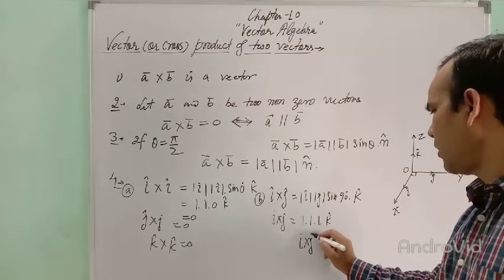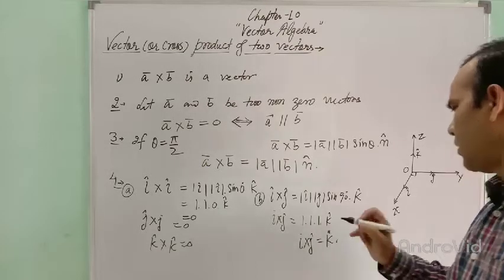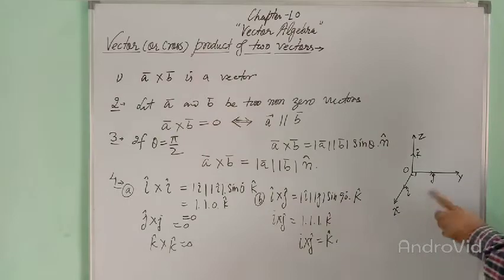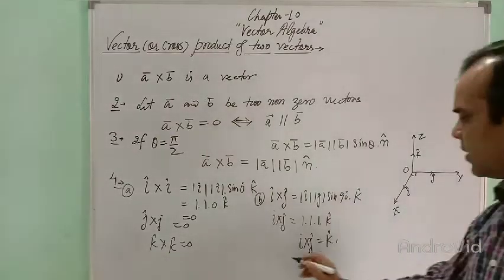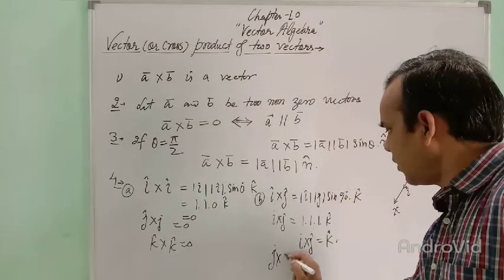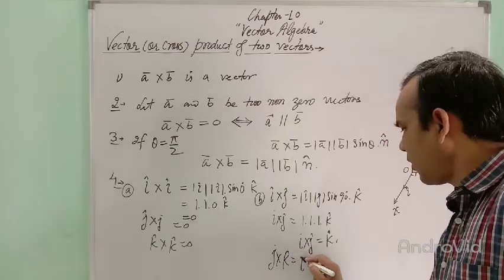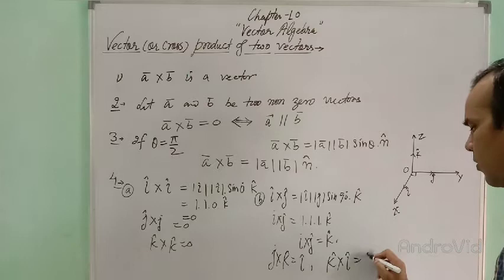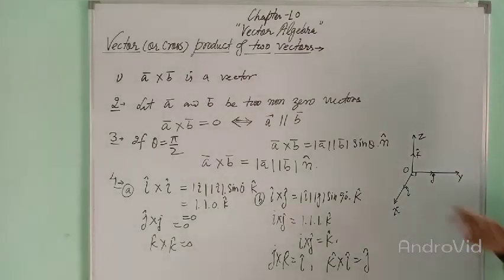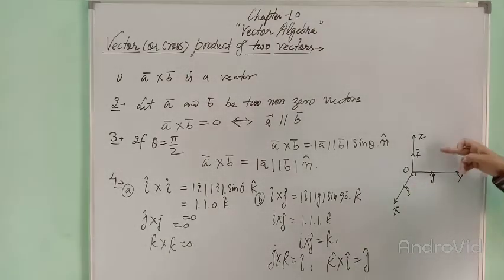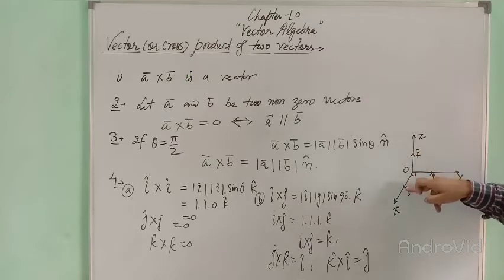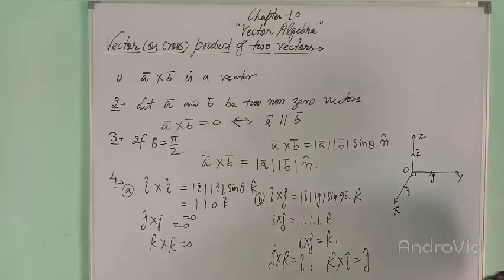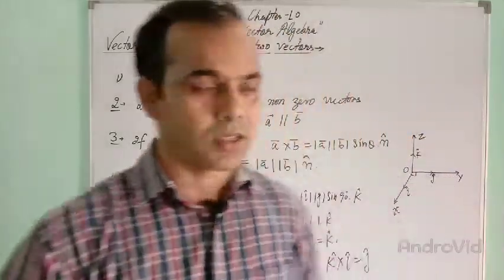So i cross j is equal to k cap. In the same way, we can get j cross k equal to i and k cross i equal to j. This way we will have these relations.